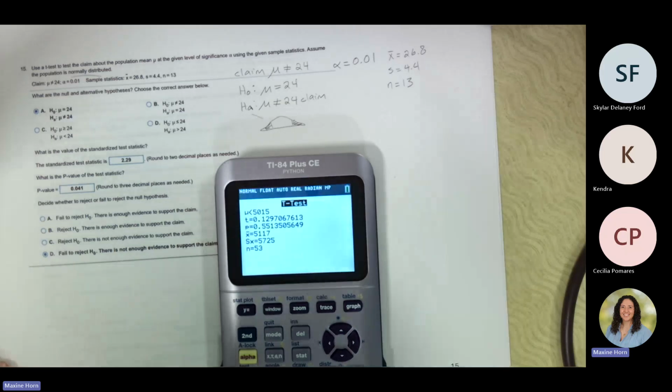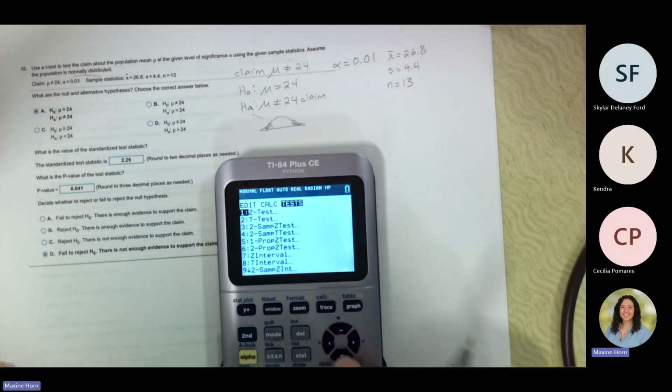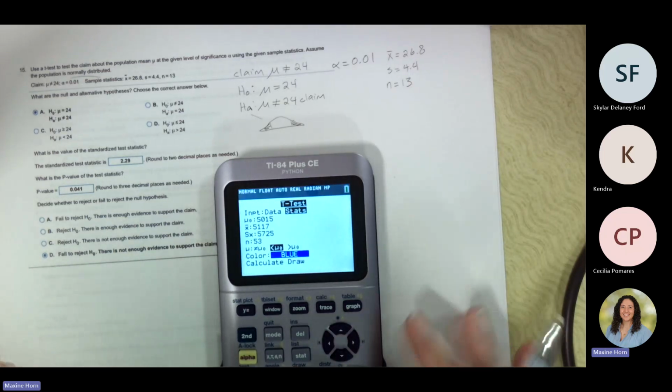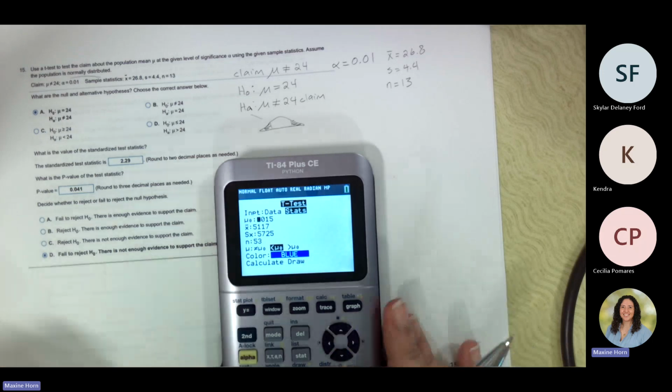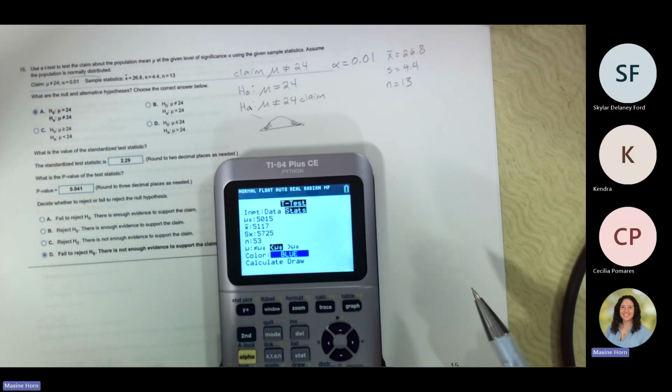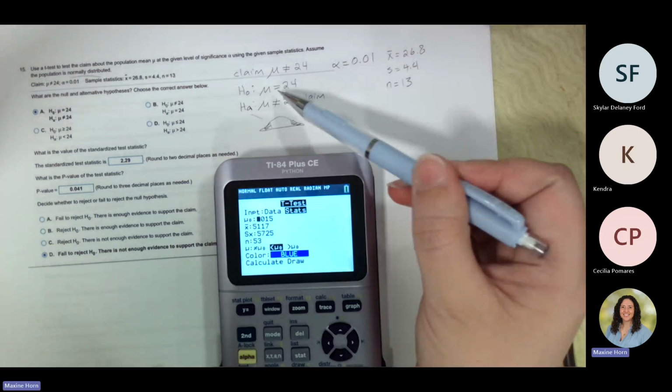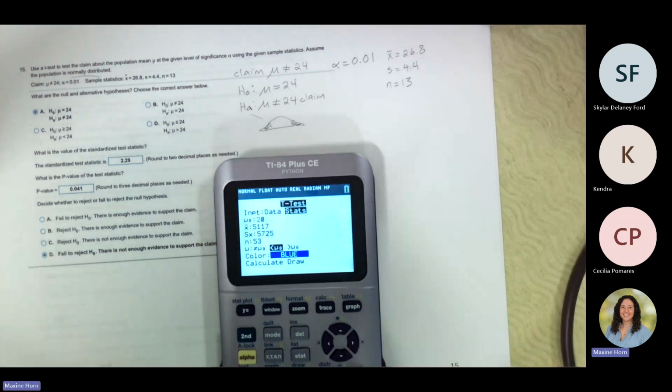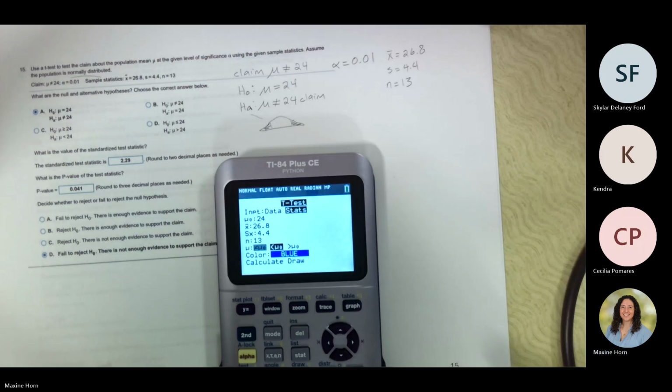So we don't have a population standard deviation, so we're going to use the t-test again. So we go stat, test, t-test. We're going to put in the data that we have, or the stats that we have. So our null hypothesis, the number that we have there, our population mean 24, our sample mean 26.8, our sample standard deviation 4.4, our sample size 13.